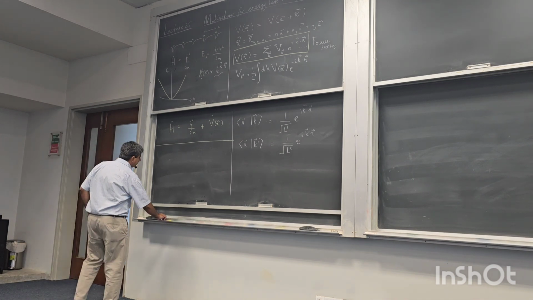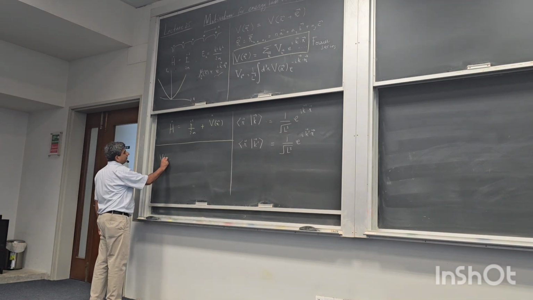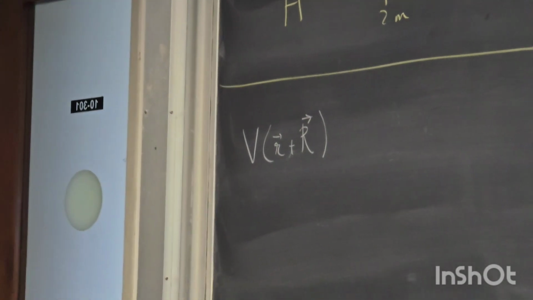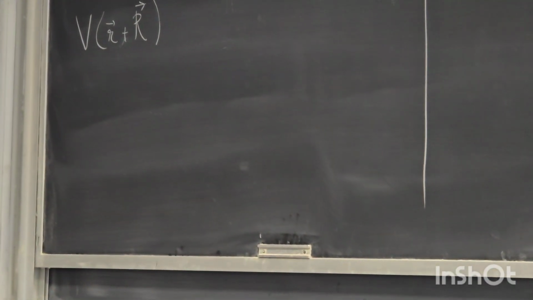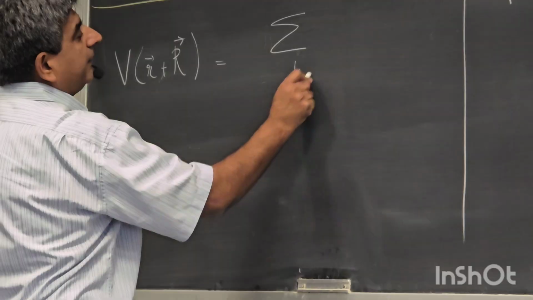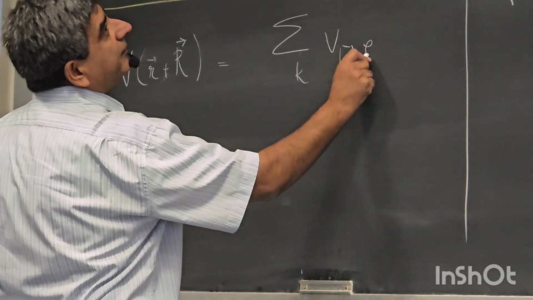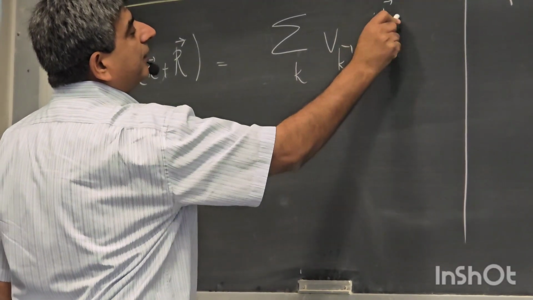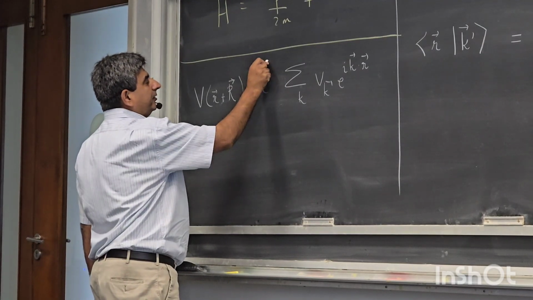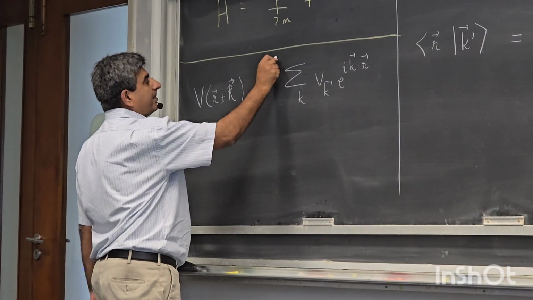So if I replace r by r plus capital R, where R is a translation vector in real space, I will get the sum of V_k e^(ik·r) and then an e^(ik·R) term.